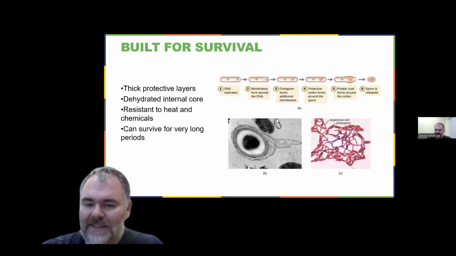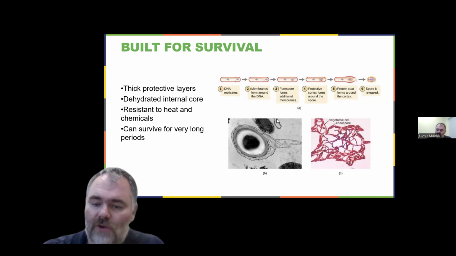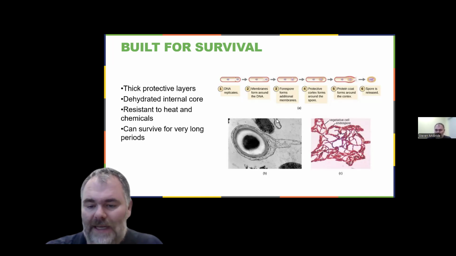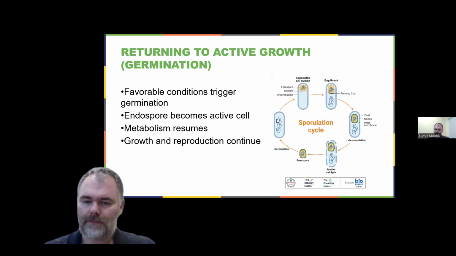The endospores appear as distinct structures inside the cells because of their unique composition and staining properties. Because of these adaptations, endospores can sometimes survive for extremely long periods of time while remaining dormant. The remarkable resistance is one reason endospore forming bacteria are so important in microbiology, medicine, and sterilization.